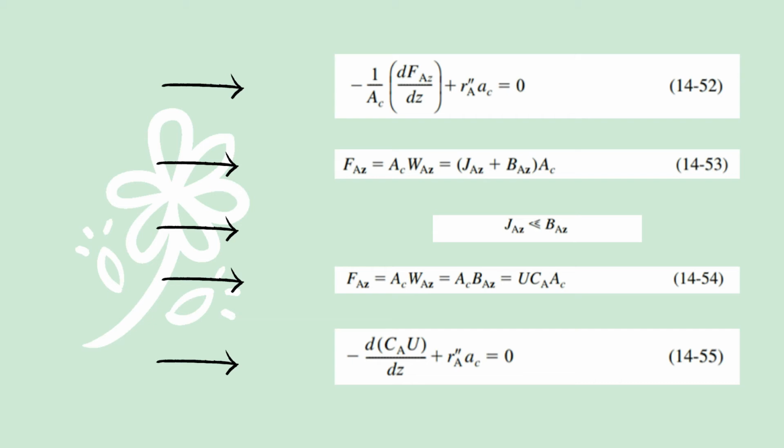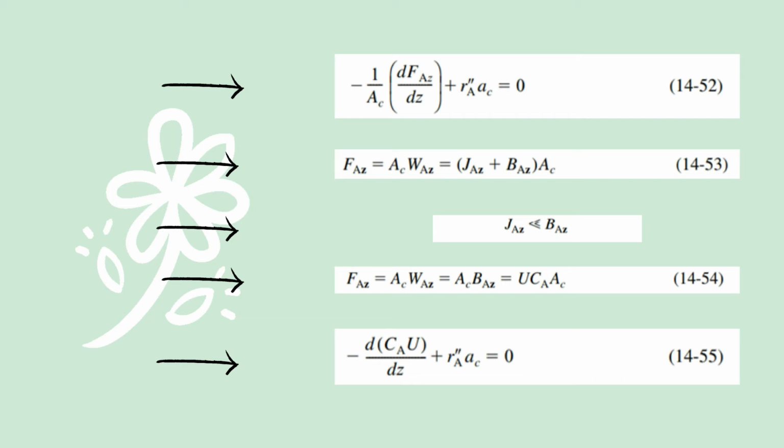We know that the molar flow rate of A, or FAz, is equal to Ac WAz, but we also know that WAz is equal to JAz plus BAz, where JAz is the amount of material transported by diffusion or dispersion in the axial direction, while BAz is the amount of material transported by convection.